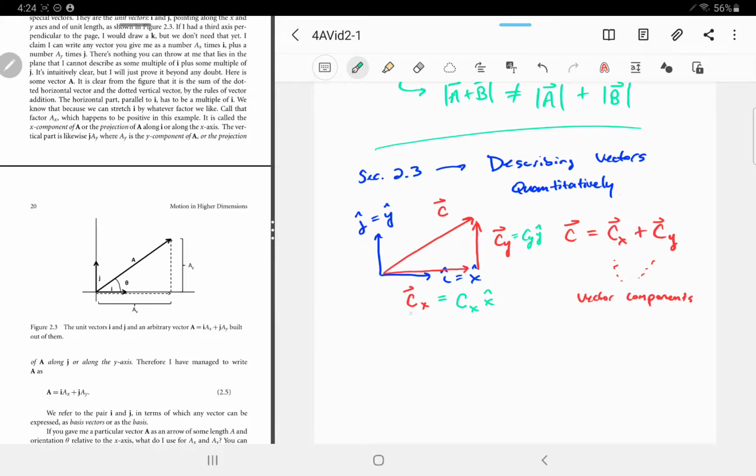So this is separating out, like this red vector component, the direction from the magnitude. Now Cx could be the magnitude, but it could also be negative. So Cx is the x component of our vector C. It could be positive or negative.